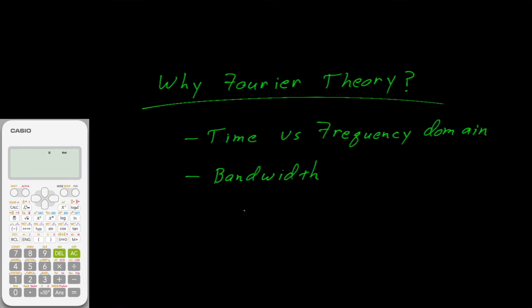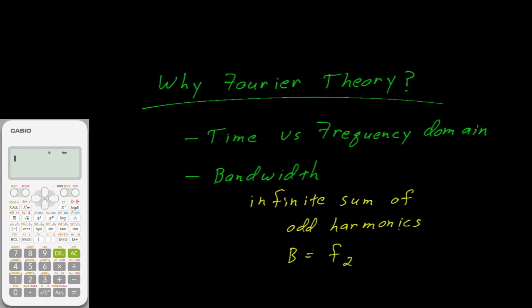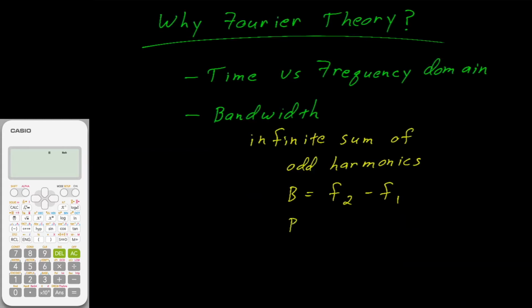We've said that the square wave is an infinite sum of odd harmonics. Our bandwidth is equal to the highest frequency, that's an F2, minus F1. We're going to run into problems if we try to write an equation that looks like this.